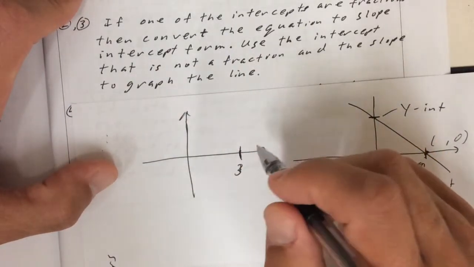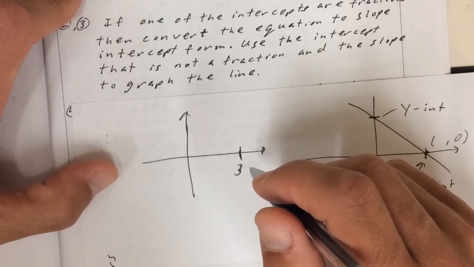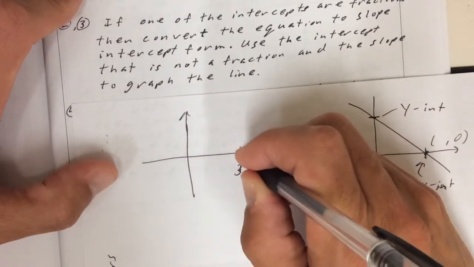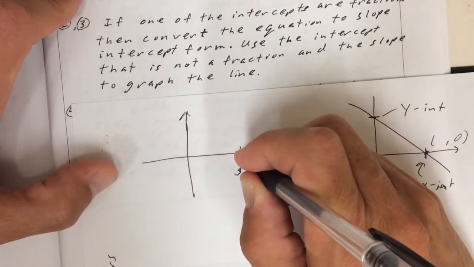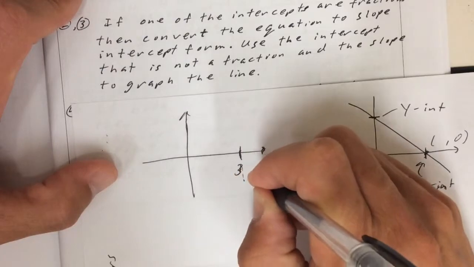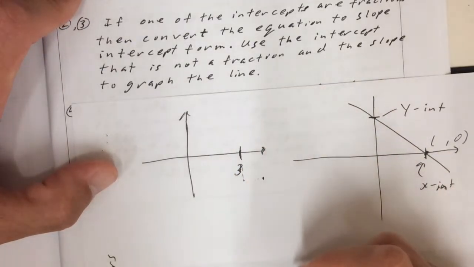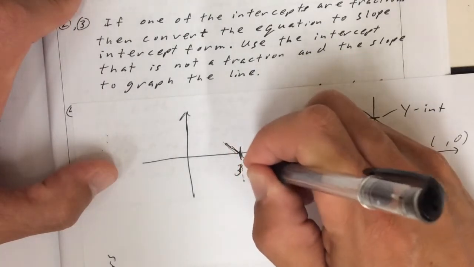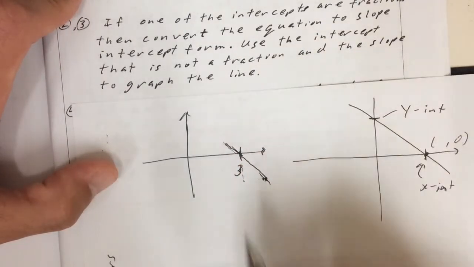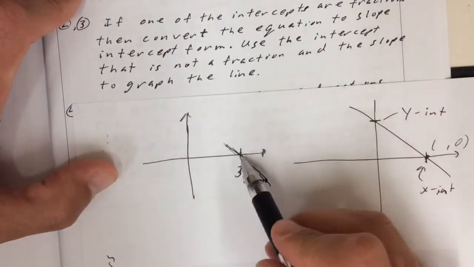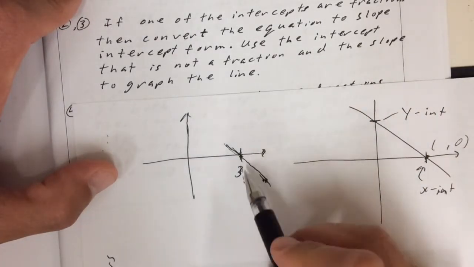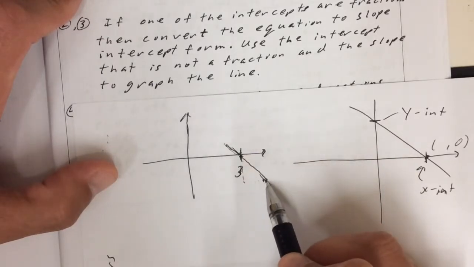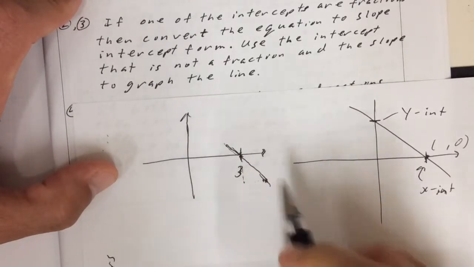But if you know the slope was -3/2, then you could rise -3 and run 2 and get the second point. If you have any point and the slope, you can draw the line. So if you have an intercept, use that as your starting point, find the slope by converting to slope-intercept form using algebra, and then use the slope to get a second point and draw the line.